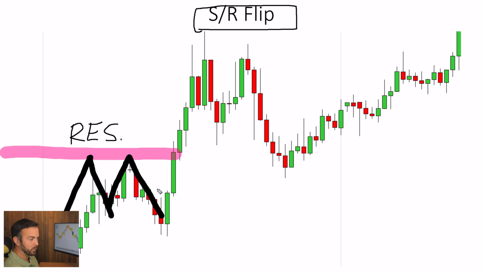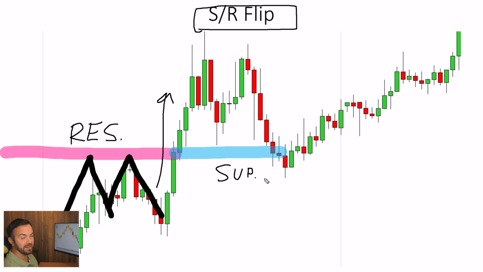Now, what happened next was the price went past that resistance, and that turned this resistance zone into a new support zone. And again, I don't really want to take credit for this price action setup. This is not a setup that would come from my head. This is a price action setup which is very old, and I don't really know who is the author of it, but I've been using it and I like using it, especially with volume profile.